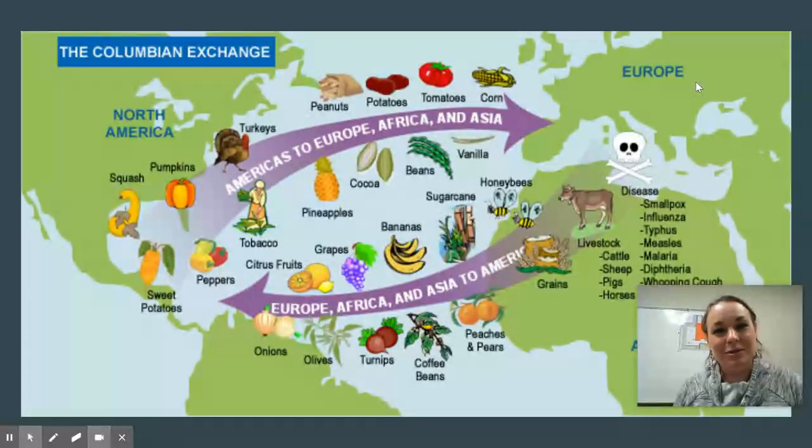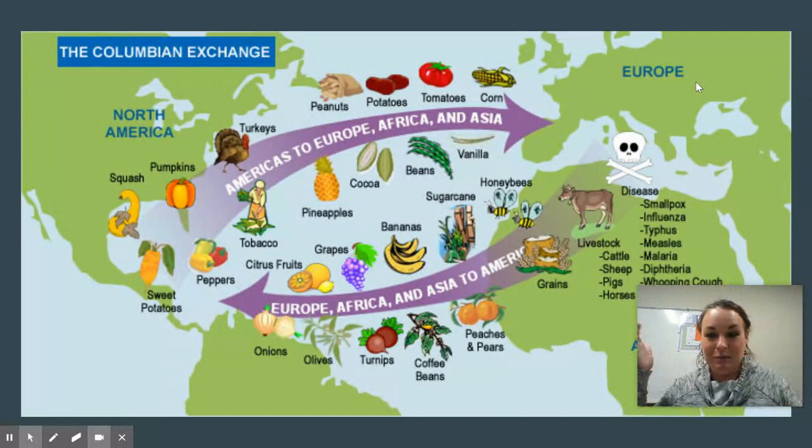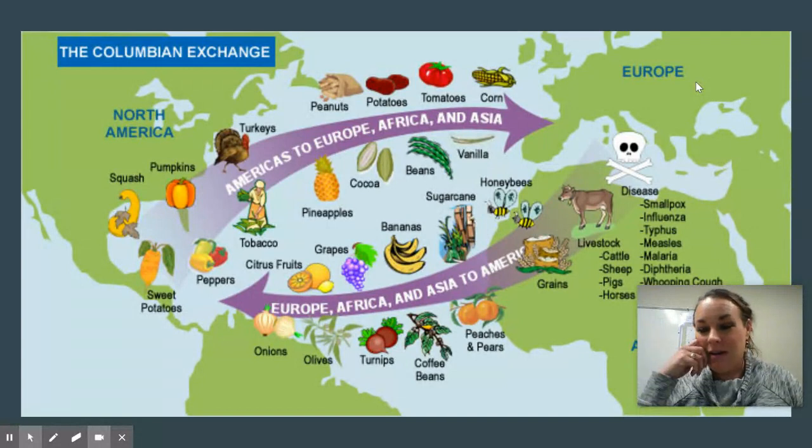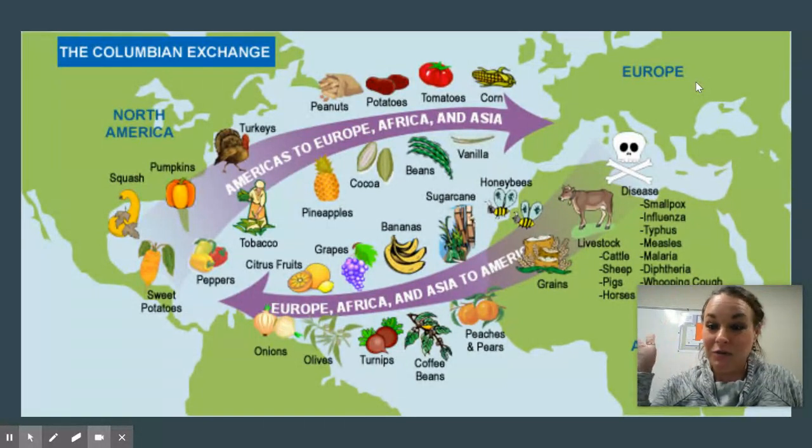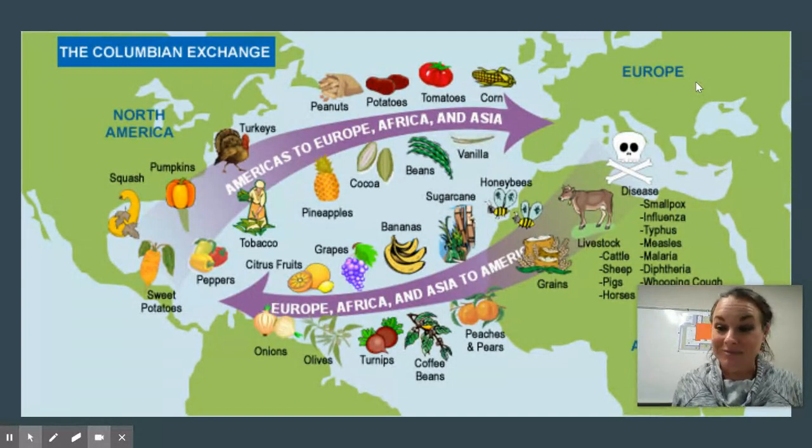Another vegetable that's always shocking is the potato. A lot of times you can't think of the potato without thinking of the Irish because of the very famous Irish potato famine. It is a New World crop. And ironically enough, a lot of the Europeans, when the potato first came, called it the devil's plant, and refused to plant it and refused to eat it because it grows in the ground.